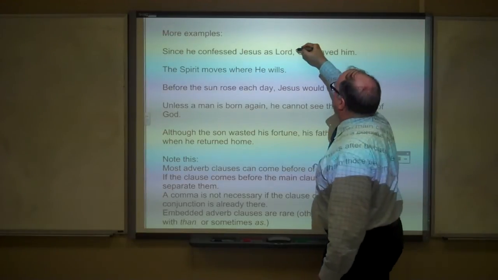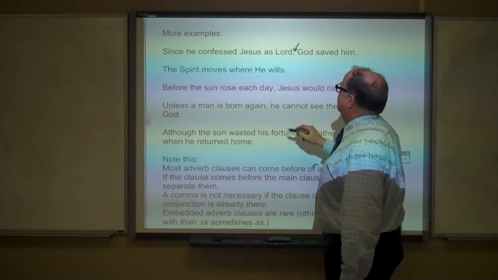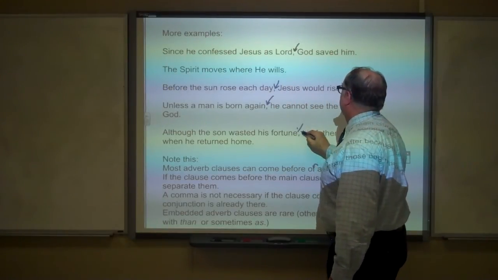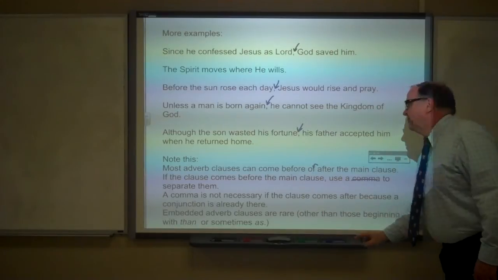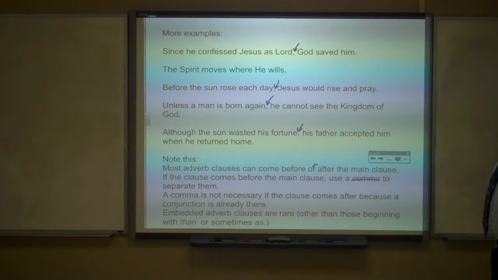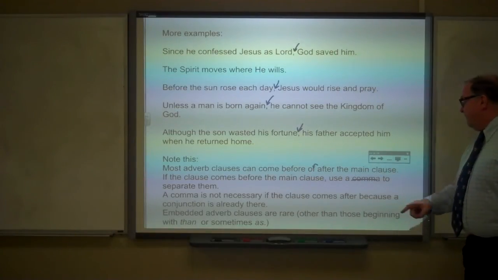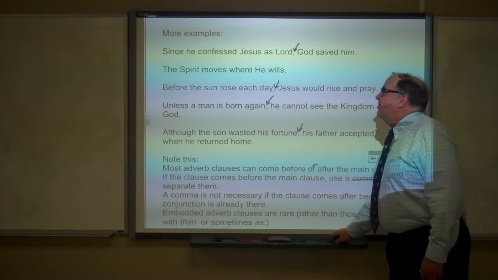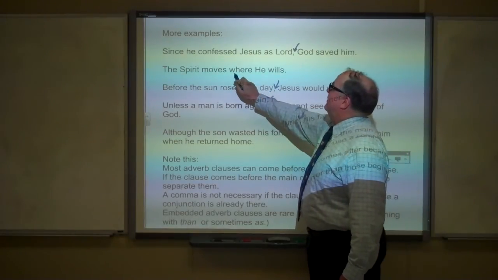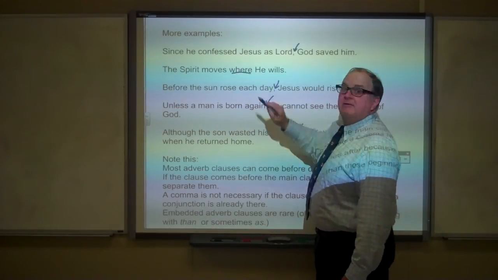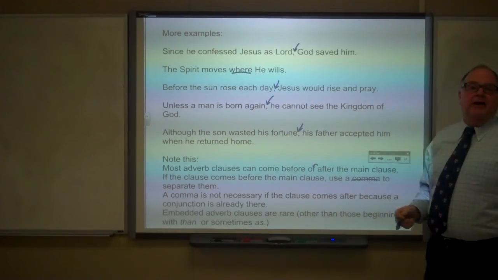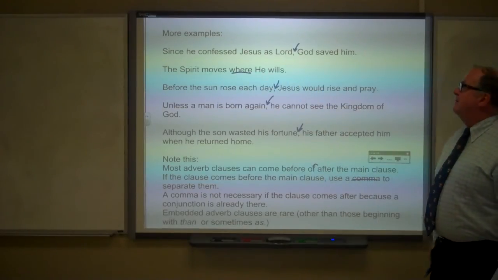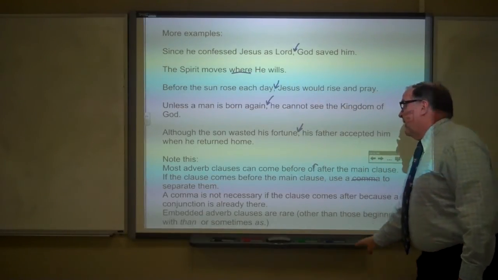So notice here, there's a comma there, comma there, comma there, and a comma there, because the adverb clause comes first. A comma is not necessary if the clause comes after, because a conjunction is already there. So we don't have a comma here because we have a conjunction already separating the subordinate clause from the main clause.